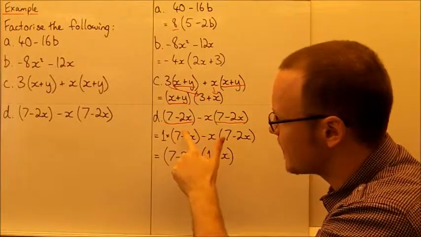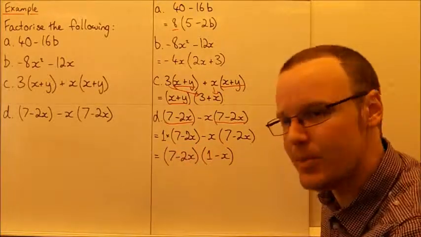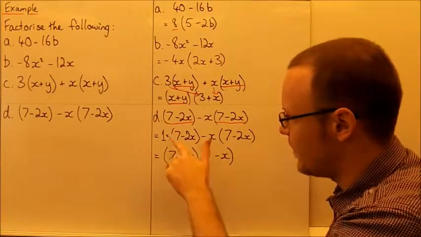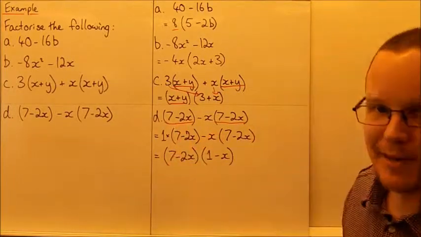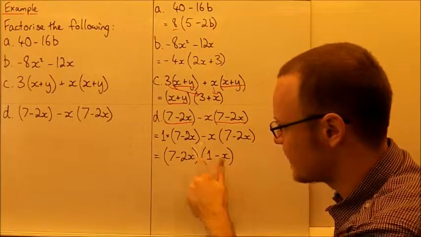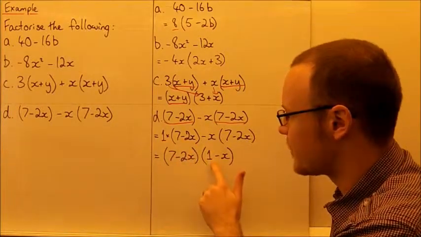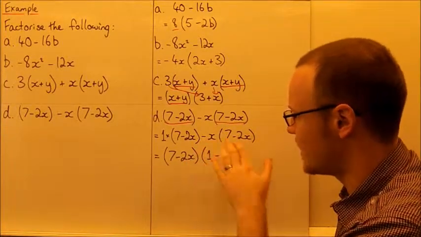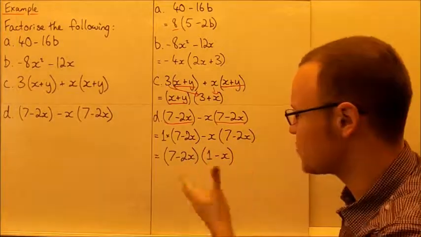So this part here is the same as 1 times 7 minus 2x. So if we in fact divide this term by 7 minus 2x, we'll be left with 1 here. Okay, so we're left with the 1 from here. Then if we have minus x and we divide it by 7 minus 2x, we'll just be left with that minus x left over.